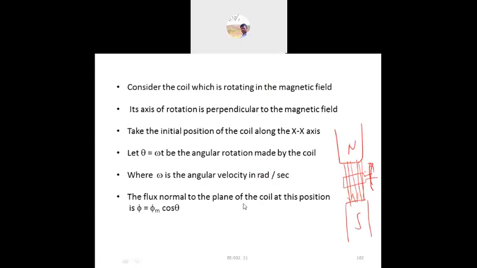The flux is normal to the plane, and with the coil's position at theta, the magnetic flux phi is equal to phi m cos theta.